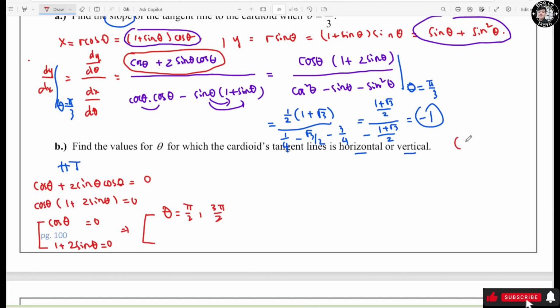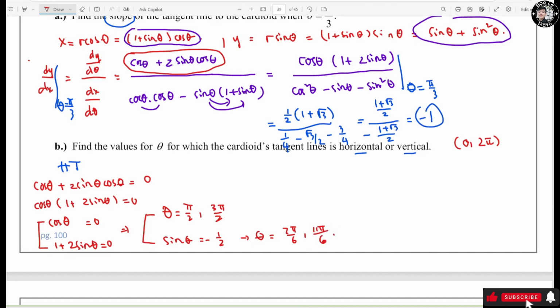Suppose the domain is going to be 0 to 2 pi. And this one turns out to be sine theta equals negative 1 half, so theta equals 7 pi over 6 and 11 pi over 6.